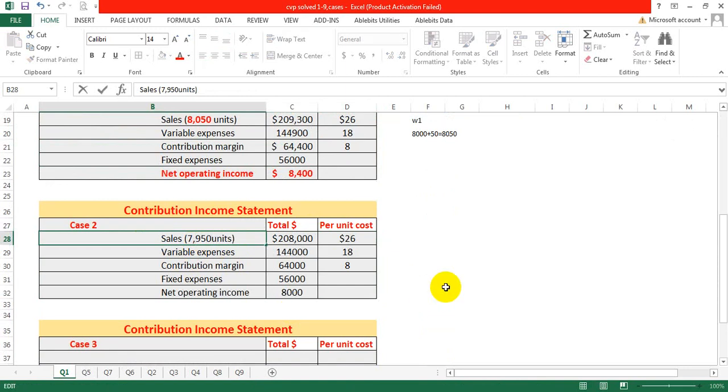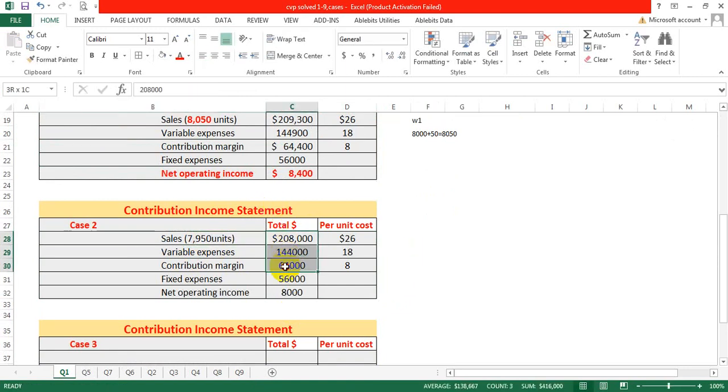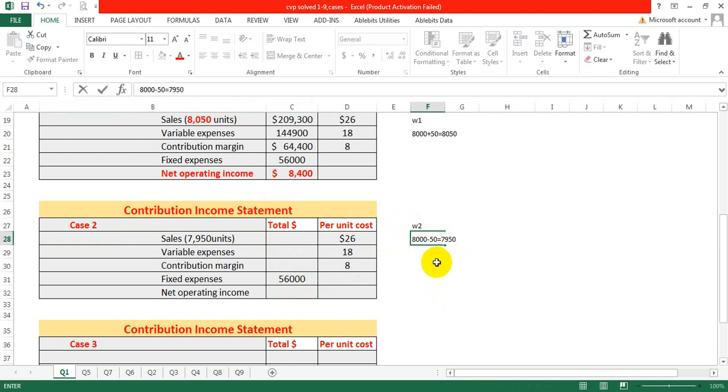My previous units were 8,000 and I declined 50, meaning 7,950. So I write here 7,950, right?